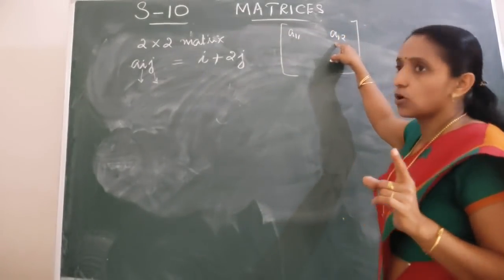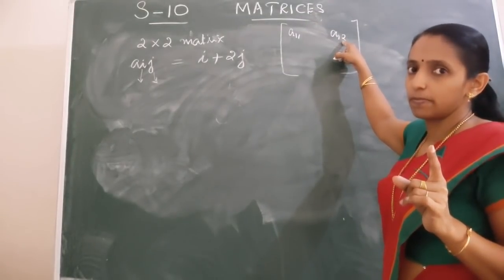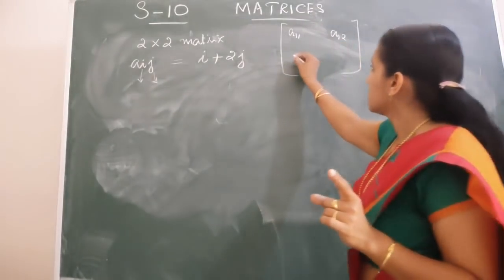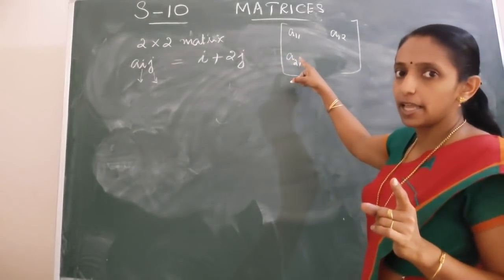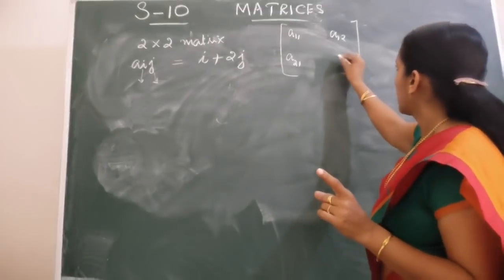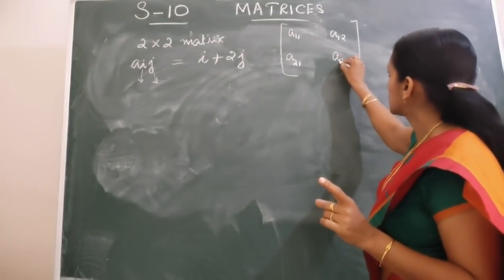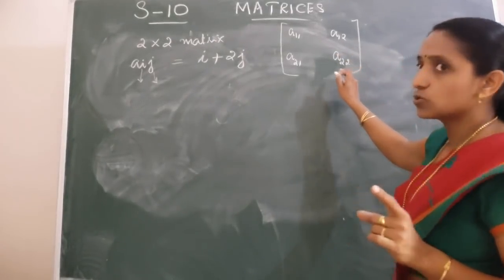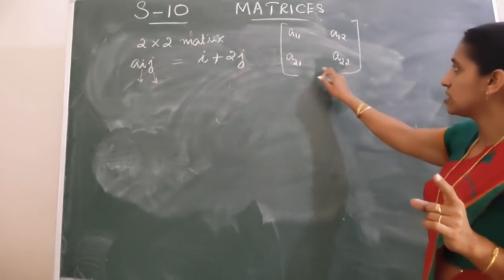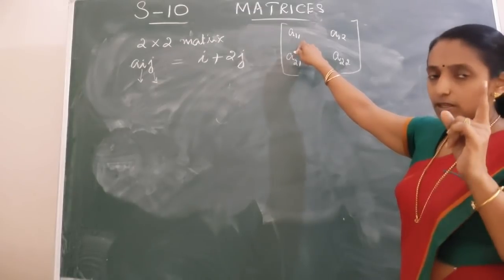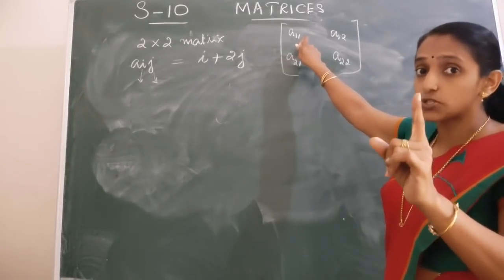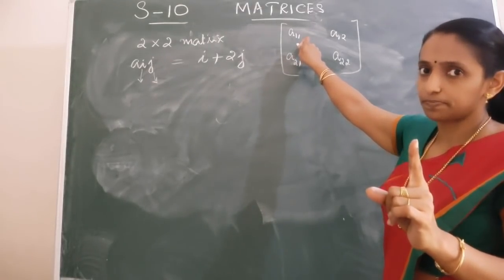A12 is the first row, second column. A21 is the second row, first column, and A22 is the second row, second column. It does not read as twenty-one; no. A11 is the element of the first row, first column.